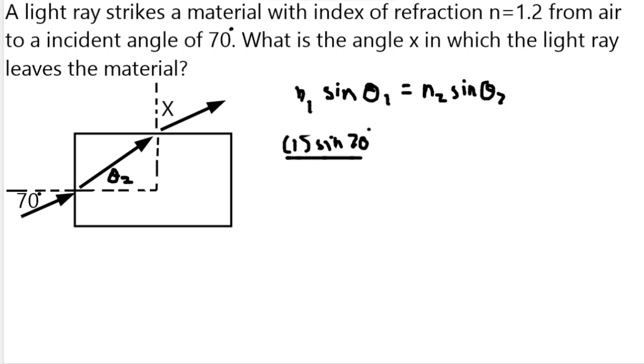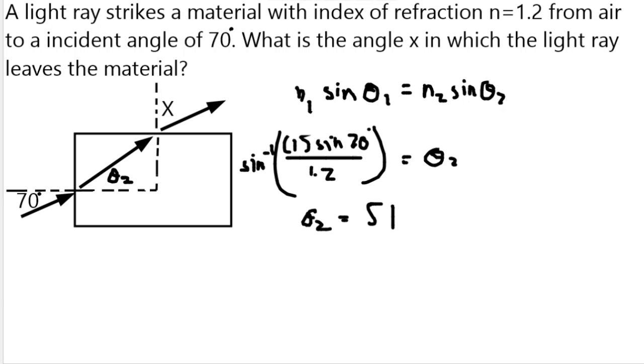We have sine 70 degrees, and let's divide this by the index of refraction of the material, which is 1.2. So theta 2, which is the angle of refraction, is going to be 51.5. So it bends a little because the index of refraction is a little bit higher.